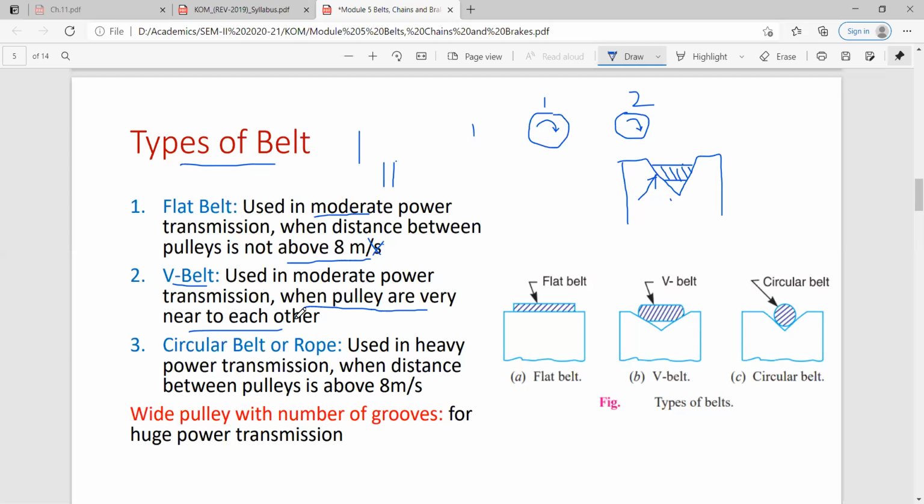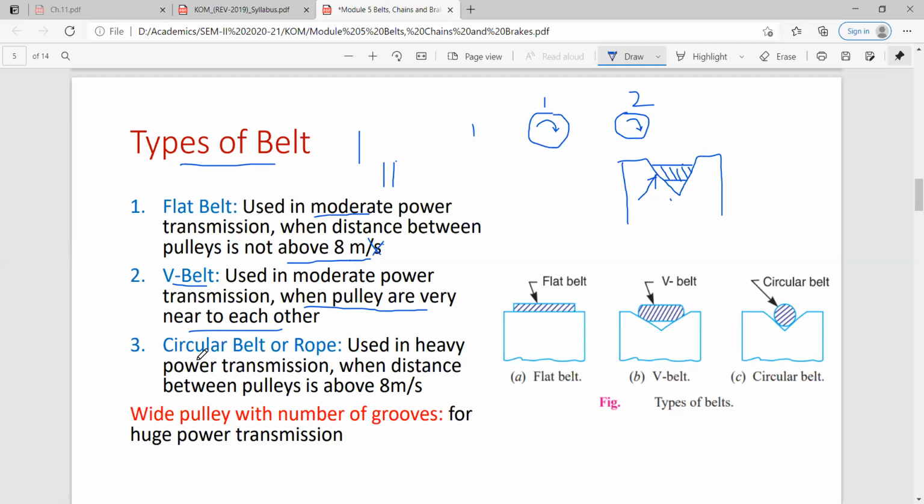There you can see its application. You will find it at many places. Flat belt you will find in flour mills if you want to see. Flat belts are also used in power plants as a conveyor.